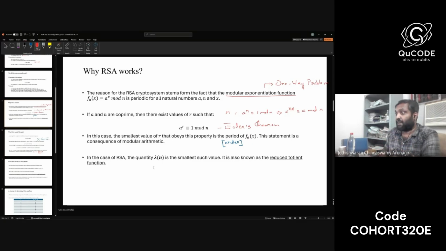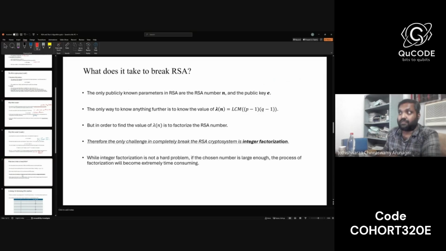Moving on. Now what does it take to break RSA? The only publicly known parameters are n and the public key e. Everything else is a secret. The only way to know anything further is to know lambda of n, which is the LCM of p minus 1 and q minus 1. Because once I know lambda of n, I can calculate the secret key. If I have lambda of n and e, I can calculate d.